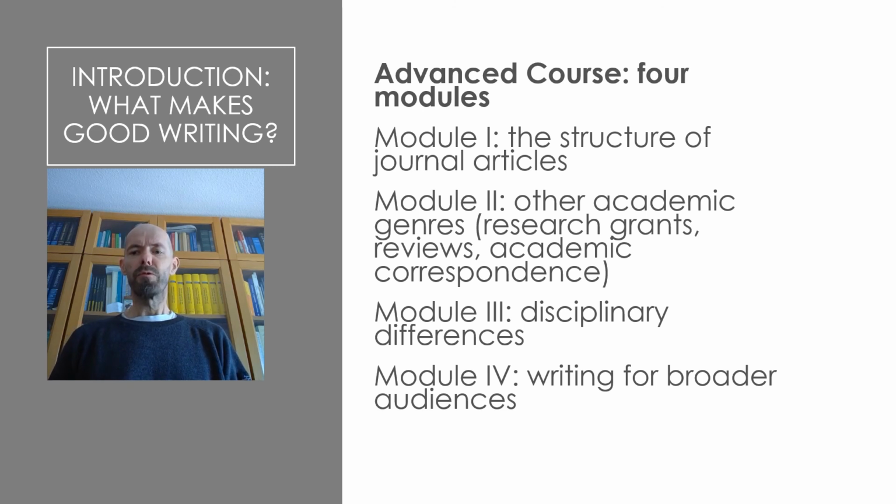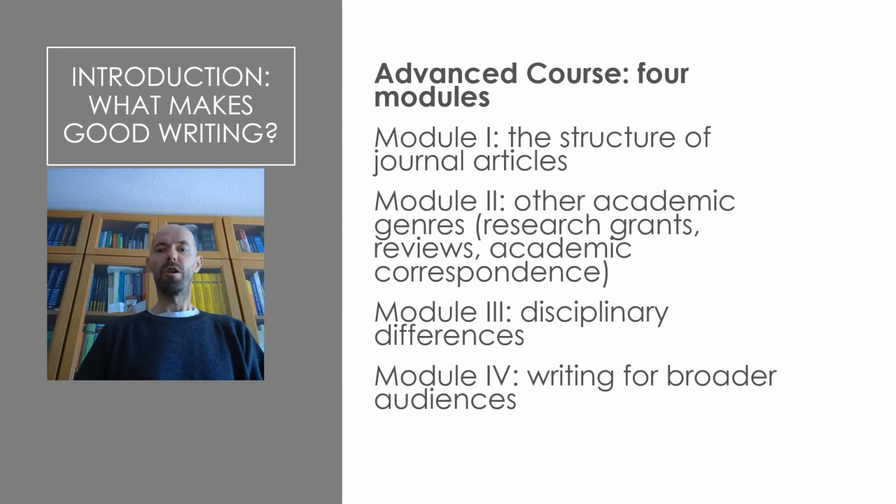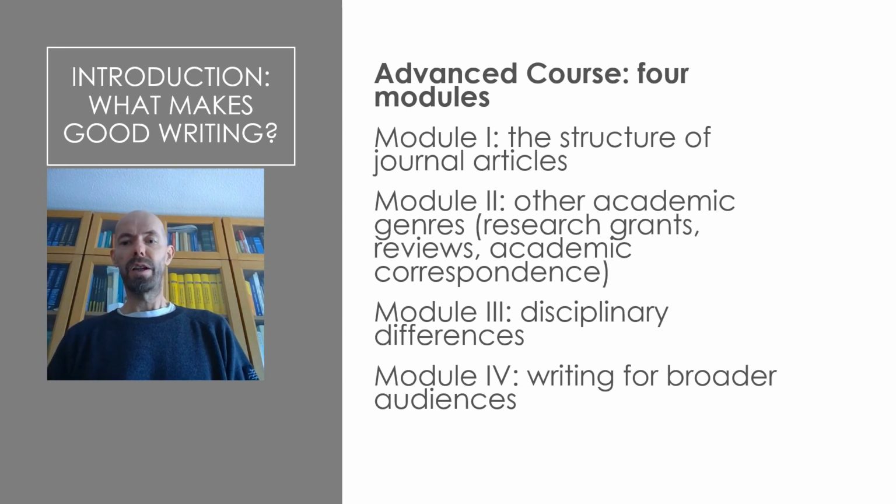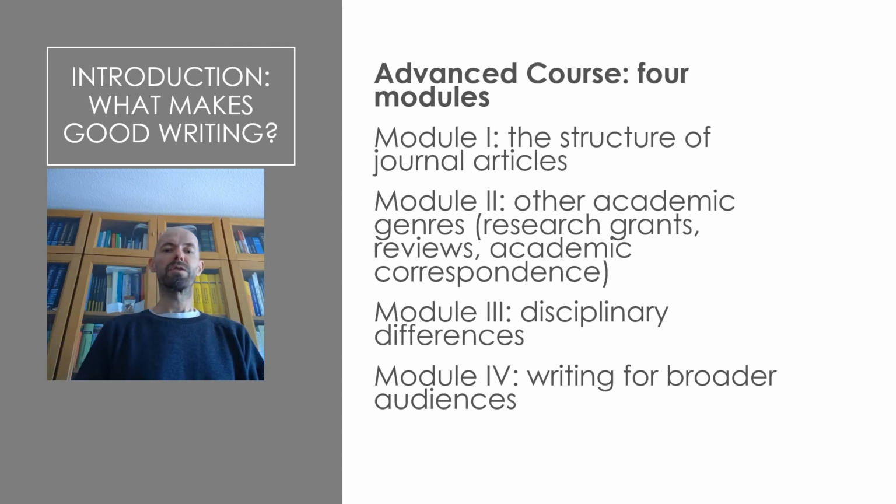So once we've established what the common core is, we can look at more advanced features of particular disciplines, such as shorter sentences in economics, longer sentences in literary criticism, for instance. And we're going to conclude the course by looking at how to write popularizing, popular scientific texts, if you like, so writing for broader audiences.